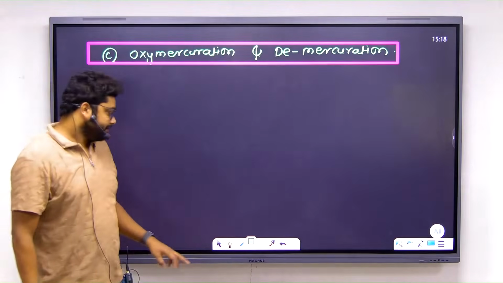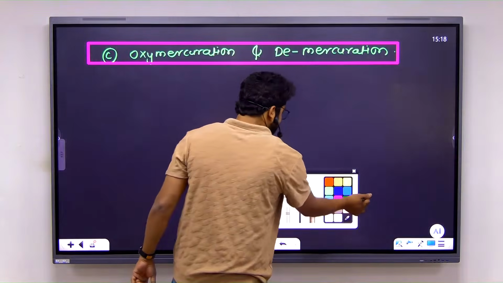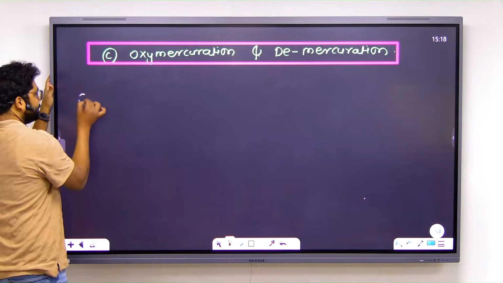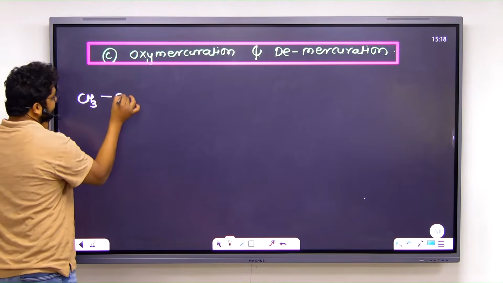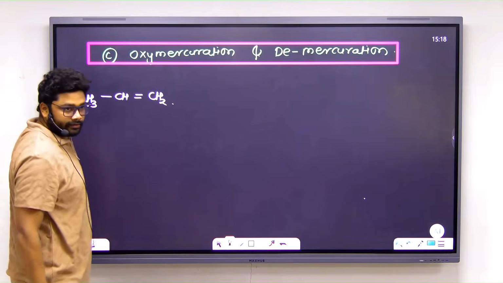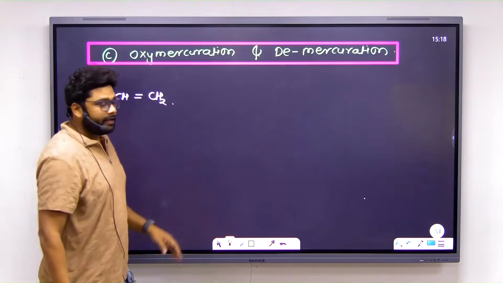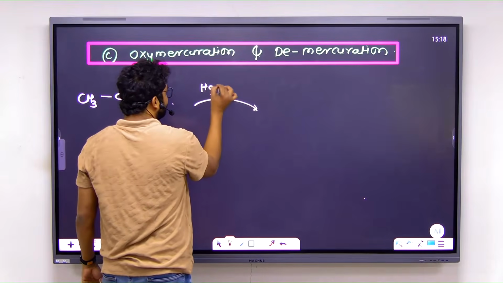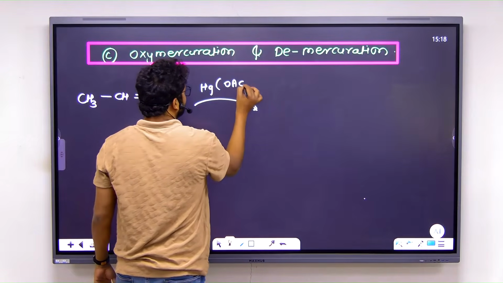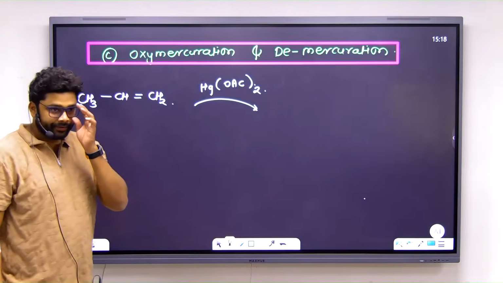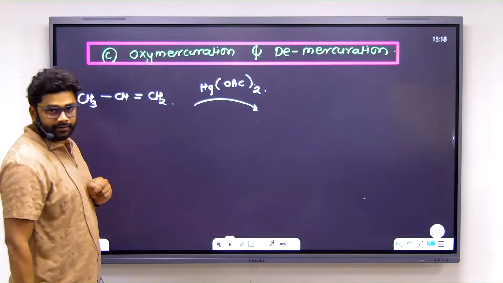ठीक. पहिले रिॲक्शन समजण्याचा प्रयत्न करा, मग वन बाय वन मेकॅनिझम क्रॅक करू. इथे पण त्याच पद्धतीचा अल्किन वापरतोय. It is your unsymmetrical alkene. ओके. रिलॅक्स. And it is now treated with mercury acetate. Do you know mercury acetate? This one is mercury acetate. ठीक.